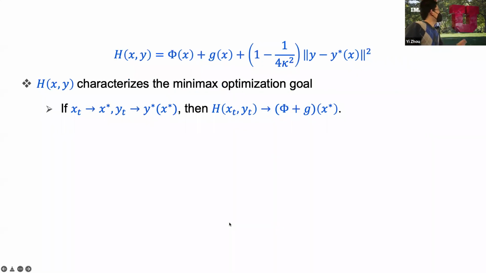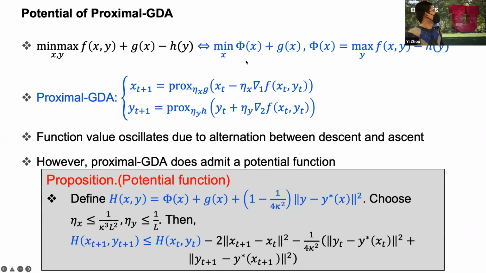And if you look at the form of this potential function, it is closely connected to this minimization problem. First of all, it contains the objective function of the minimax problem. Remember that this phi plus g is basically equivalent to the minimax objective function.